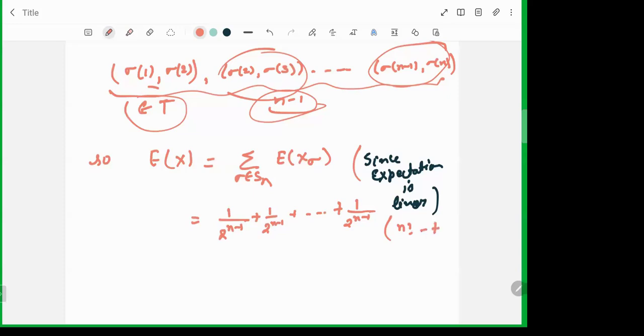N factorial times. So this is basically n factorial by 2 to the power n minus 1. Yes.